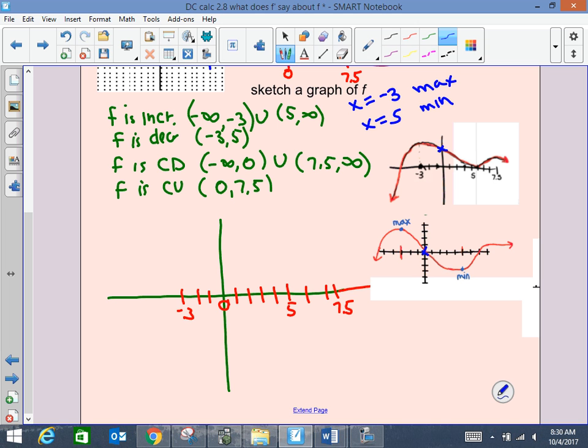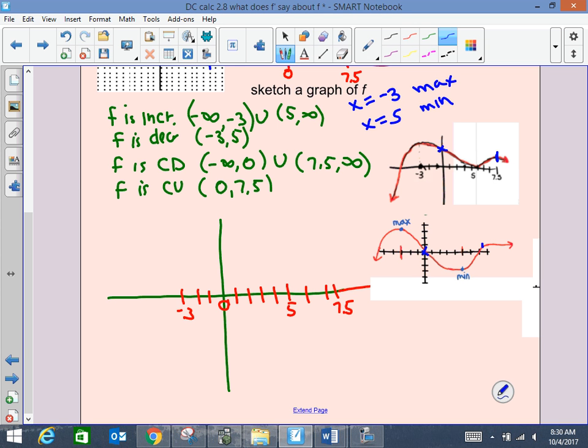From 0 to 7.5, is that right? That should be concave up. Okay, 7.5 is what? Right here. That's reasonable.